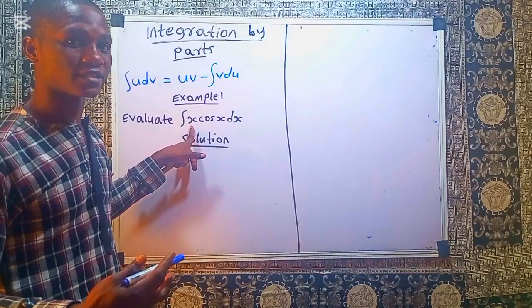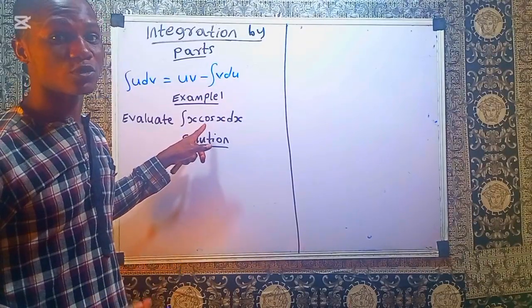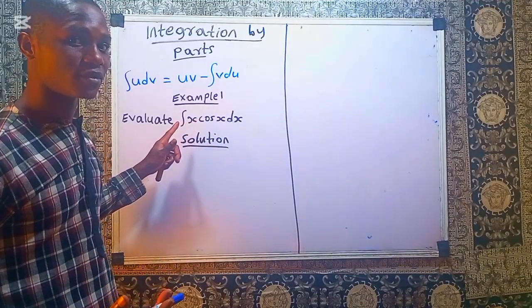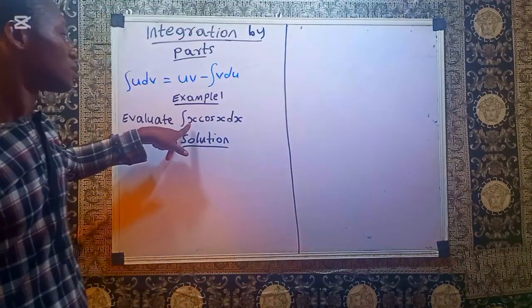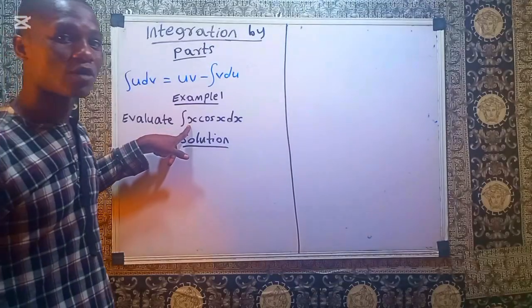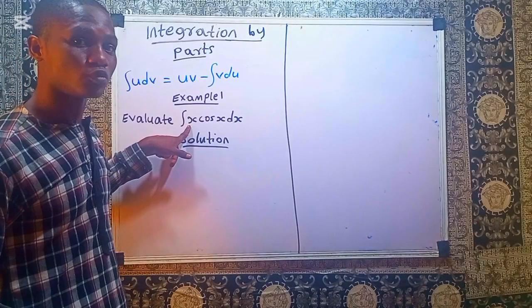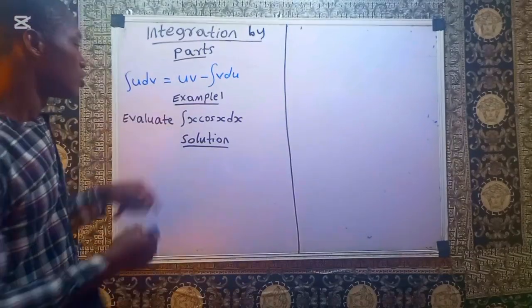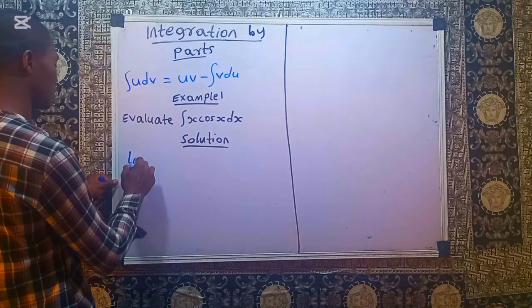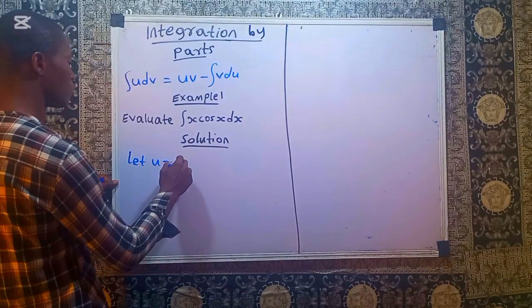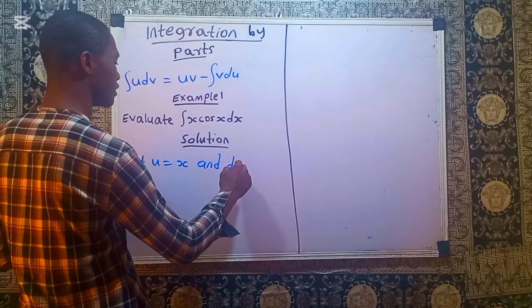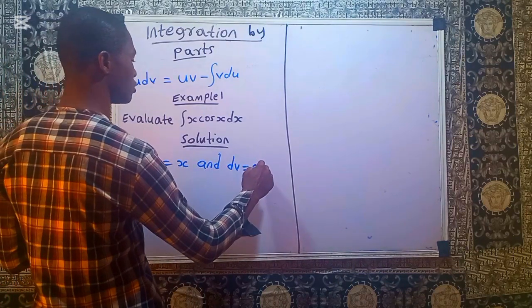If you differentiate x, you get 1, and if you differentiate again, you get 0, so it will vanish. So the one that will vanish is the one you call u, and the one that will not vanish is the one you call v.